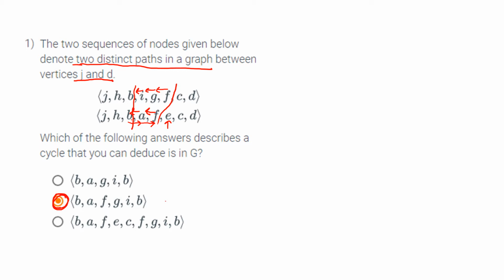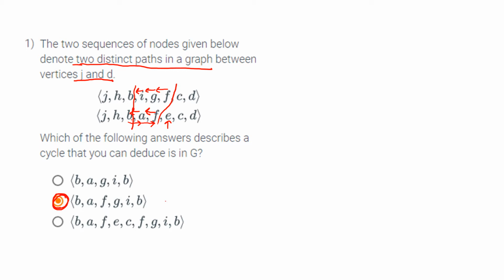So that actually does fall on those two paths together. We could come up with that path, and that is a cycle because we aren't going to be going over an edge more than once, and we're not including a vertex more than once.